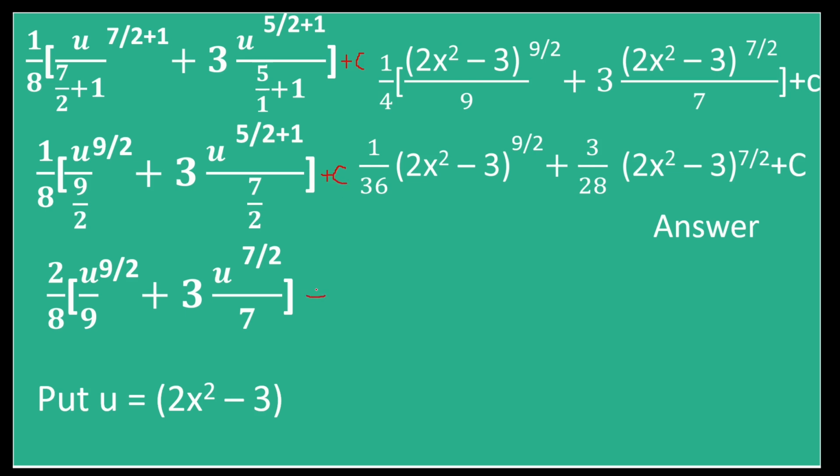This c is for the constant term, and as we have differentiated the value where we have 2x² − 3, and for 3 we have written 0 because the differentiation of a constant term equals 0, for that constant term we write c in the integration. So I had missed it over here, and now I have written it. You can see that this is the answer of this question.